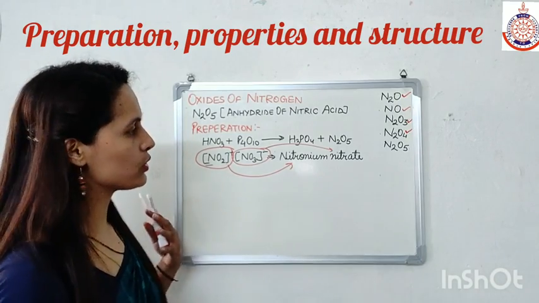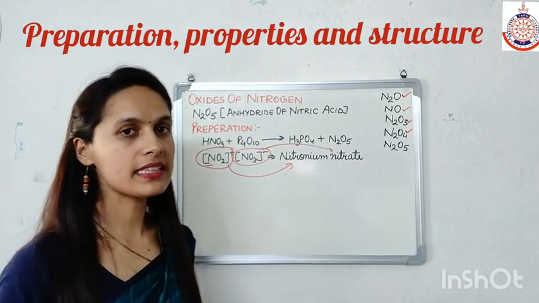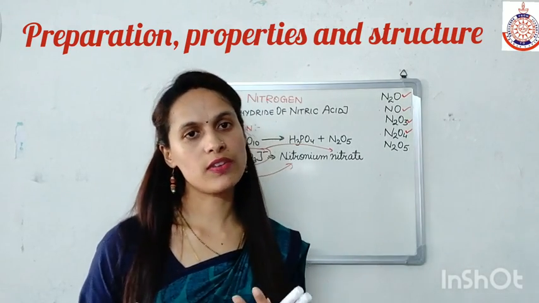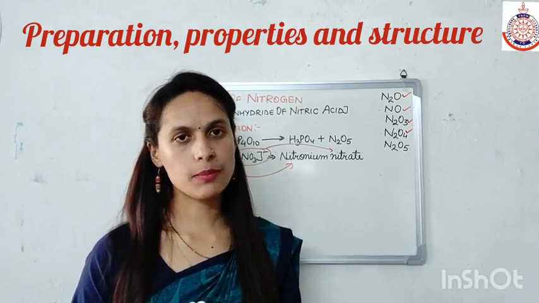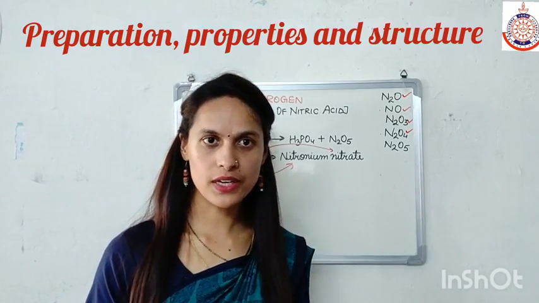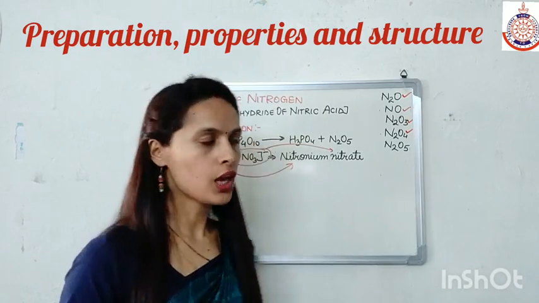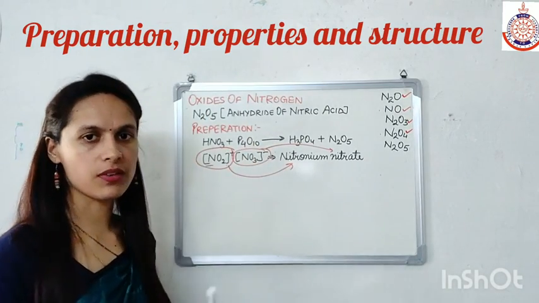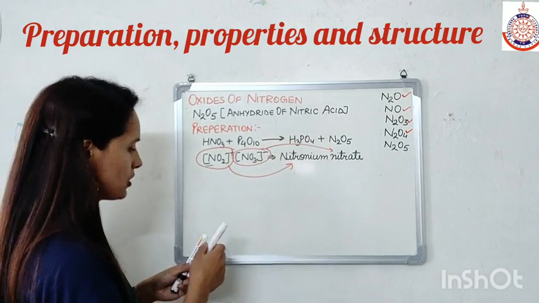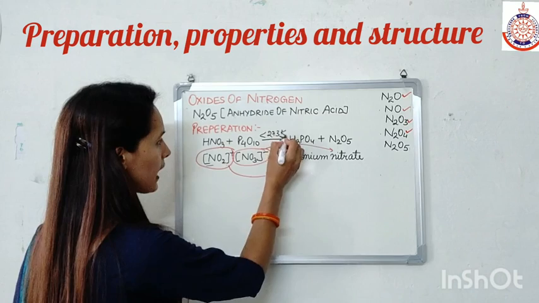And if I talk about the stability of N2O5, then it is stable below 273 Kelvin. Means above 273 Kelvin it decomposes. So if the temperature is less than 273 Kelvin, it is stable.